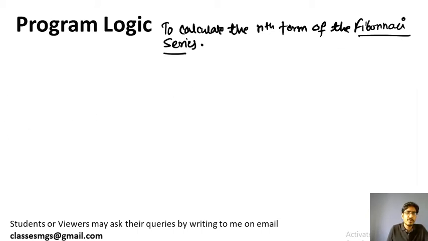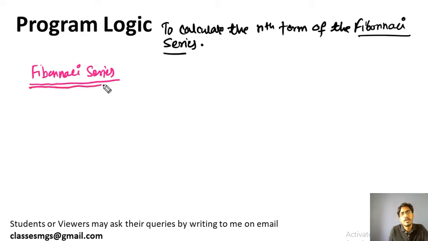Before starting the problem, I want to define the Fibonacci series first. If you don't know what the Fibonacci series is, then it will be very difficult for you to write the code for that series.